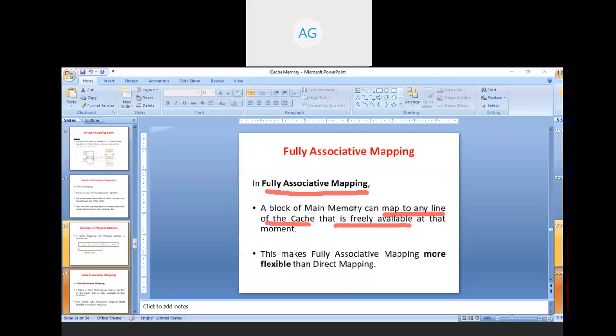This is its advantage. Whatever line is free in the cache, the block from the main memory can map to that freely available line. This makes fully associative mapping more flexible than direct mapping. This is its advantage in comparison to direct mapping. So moving to the next slide.